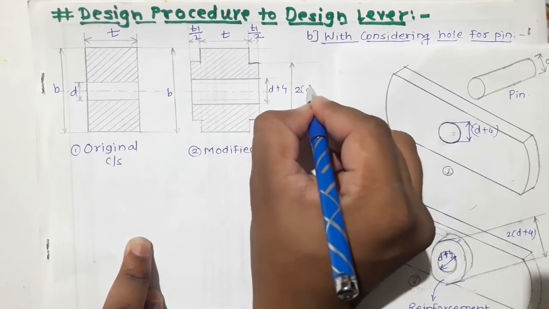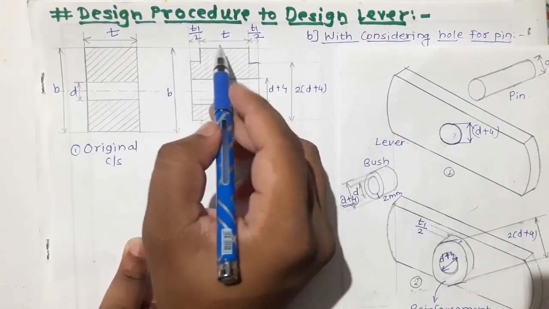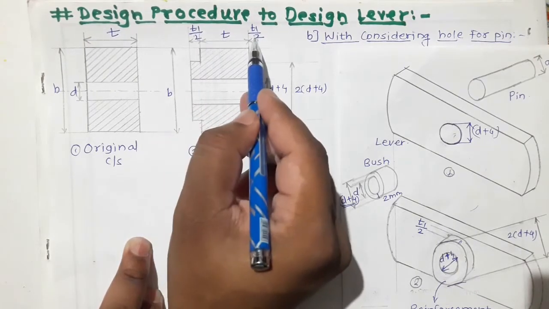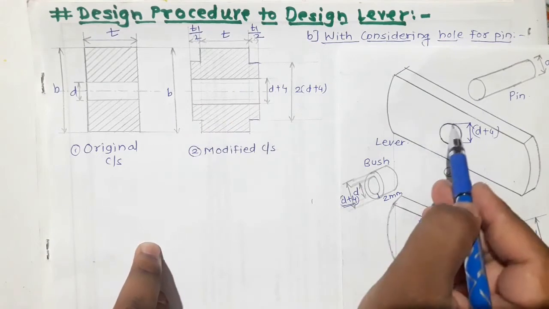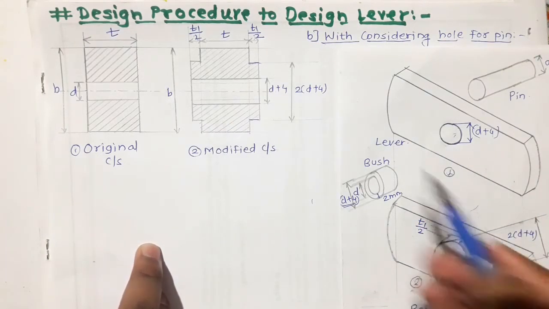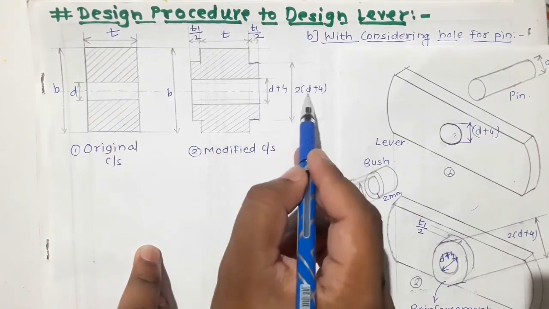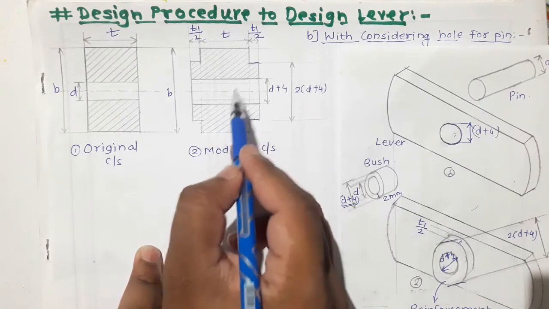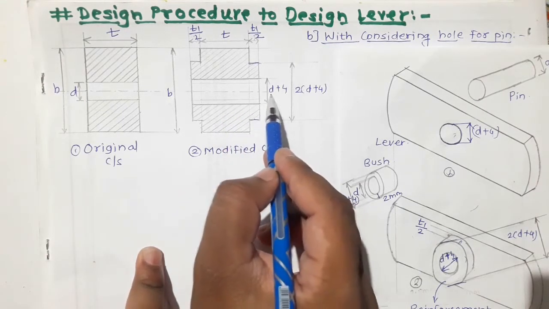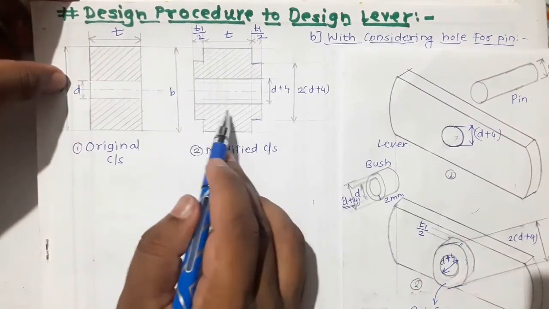We have increased the thickness on both sides, t1 by 2 on each side of this lever arm, and the diameter of the hole is d plus 4. Now we have to check the bending stress for this modified cross section.